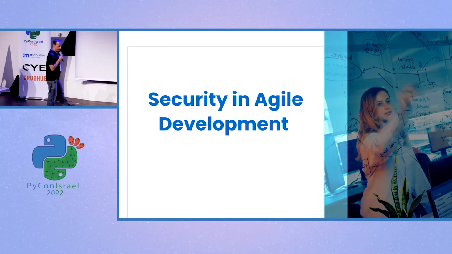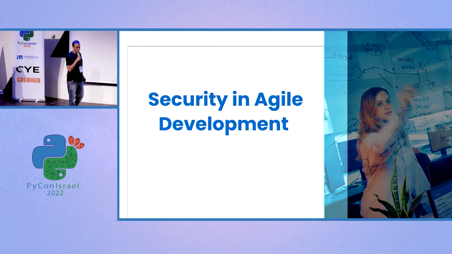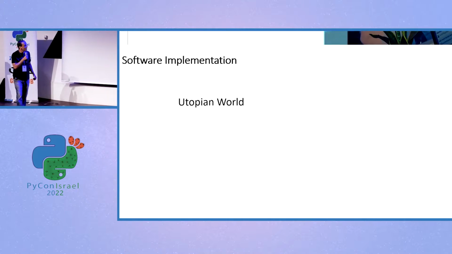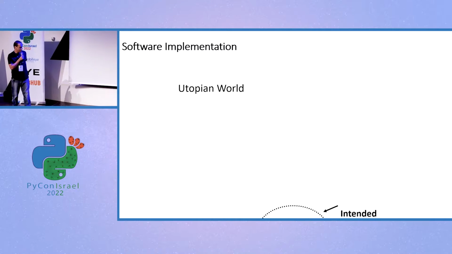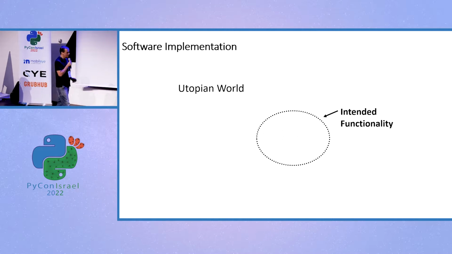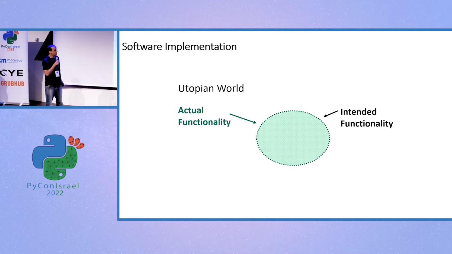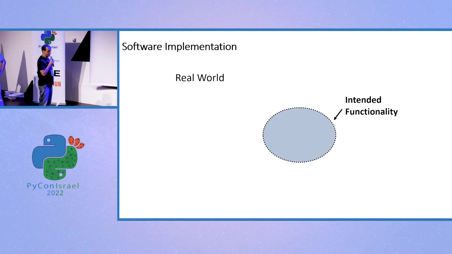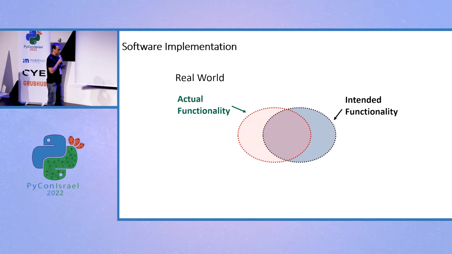So before we start and dive into the live demos, let's talk about the high level, security in agile development. In a perfect world, your code, the intended functionality, and the actual functionality would be exactly the same. But we do not live in a perfect world, and the intended functionality is not the same as the actual functionality.